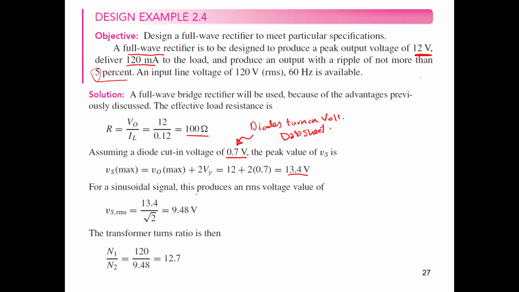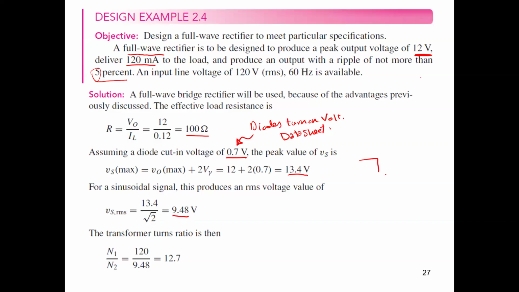For a sinusoidal supply, you know that the maximum value is RMS times root 2. So in order to specify or get a transformer, you need to specify the RMS volt. So we can say now V RMS equals V maximum divided by root 2, which is 9.48. So this is now the secondary volt of our transformer.